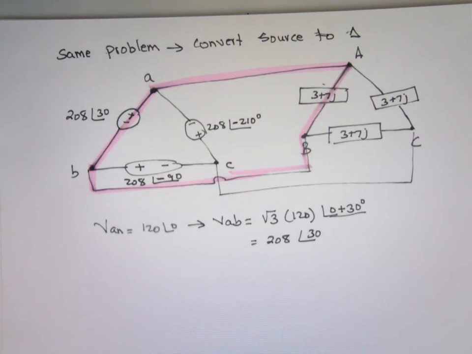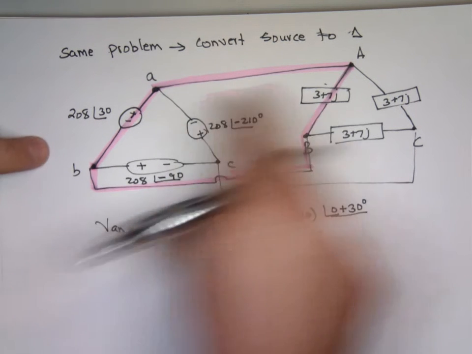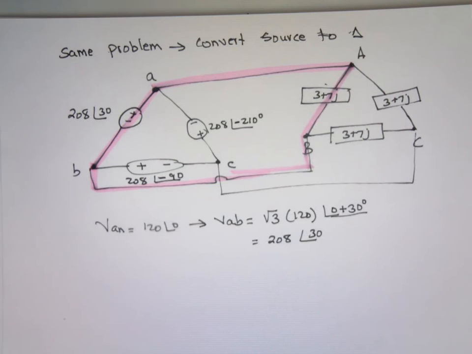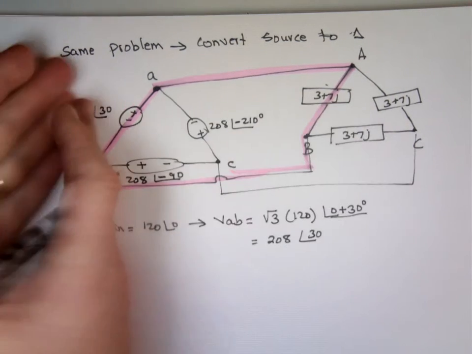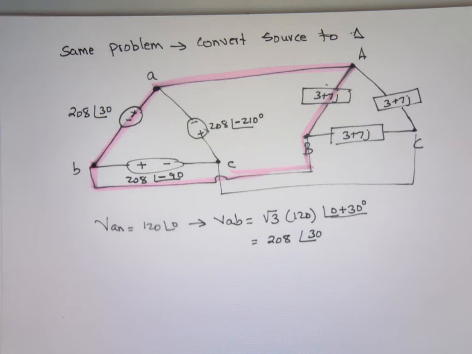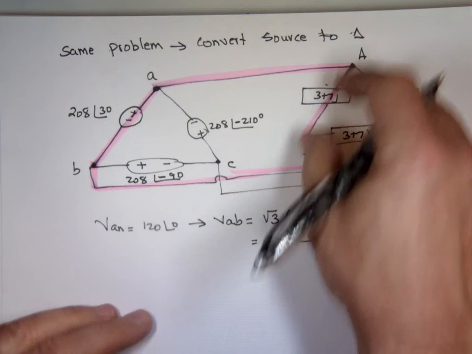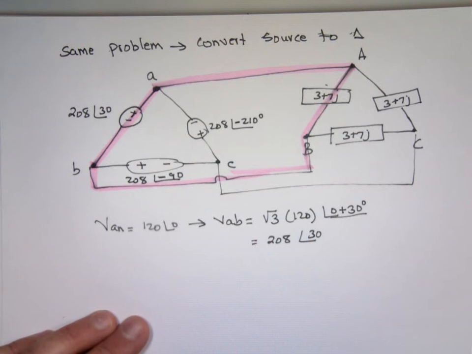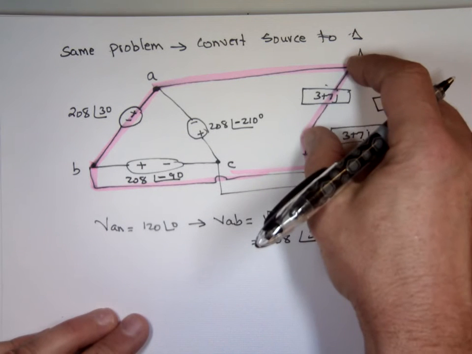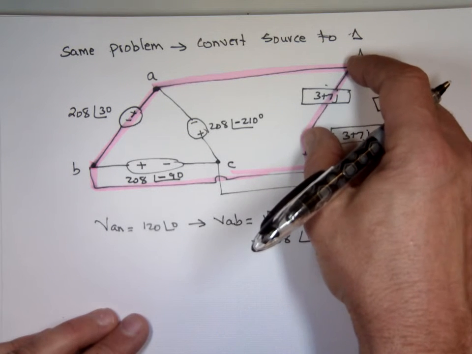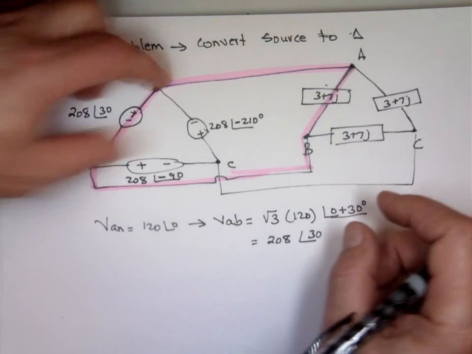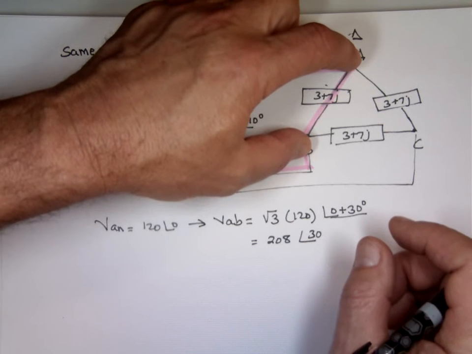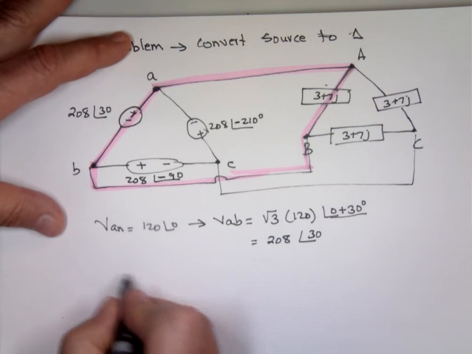KCL, Kirchhoff's current law: the current entering the node is going to equal the current leaving the node. Now we're dealing with delta to delta. I can tell you what this current is. Why? That's in parallel with that voltage source, so I can actually find I A to B.